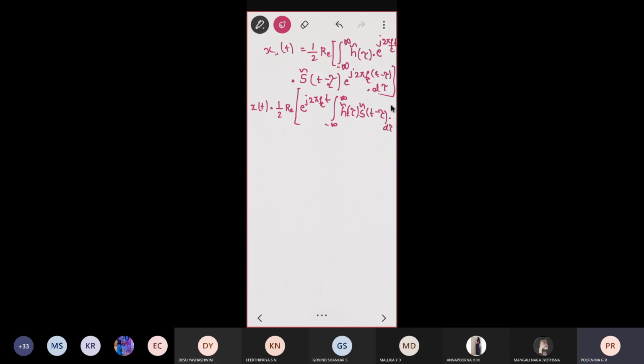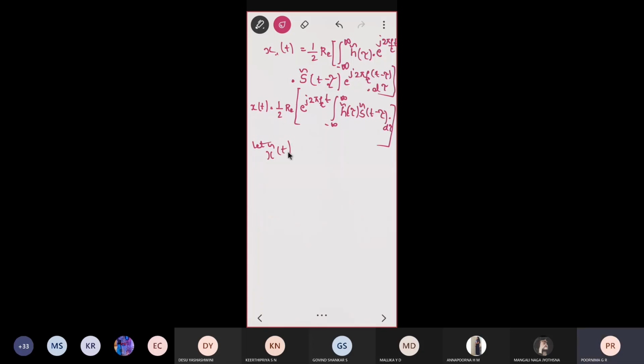This is the whole thing. Any doubt till this point? Let x tilde of t be the complex envelope.